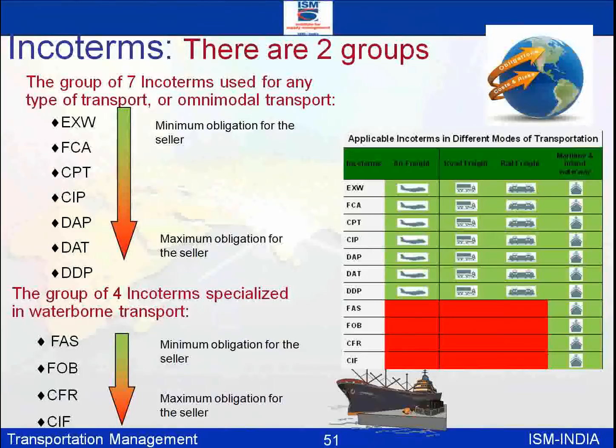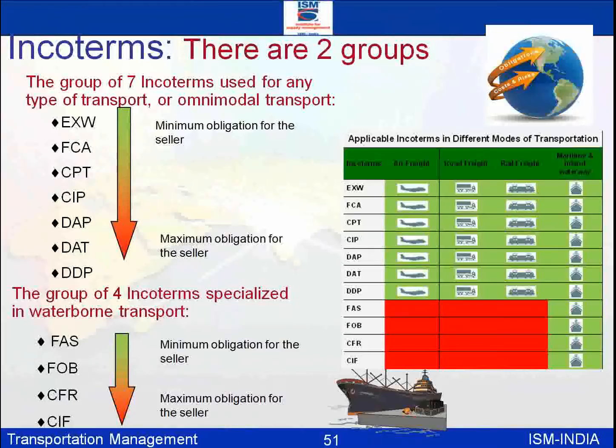That means the customer will say, guys, till I get the goods into my place as defined, I'm not going to process the payment. So if I'm using payment terms of 30 days after receipt of goods, in the case of EXW, at the moment I take over, the 30 days start and I have to make a payment. DDP means only after I receive the goods at the destination, only then I add 30 days to pay them.